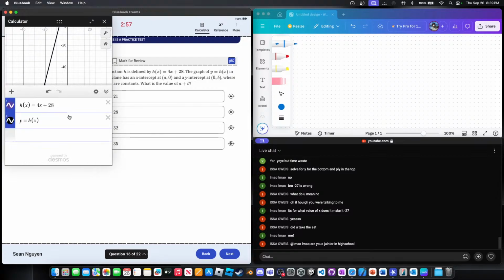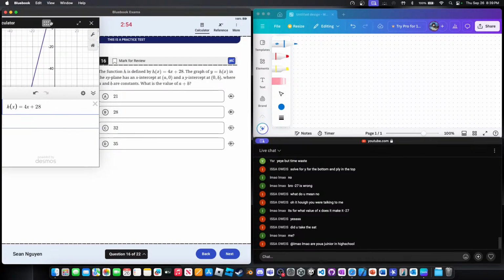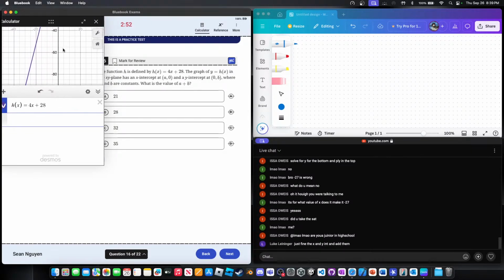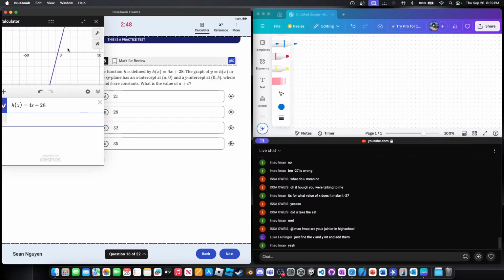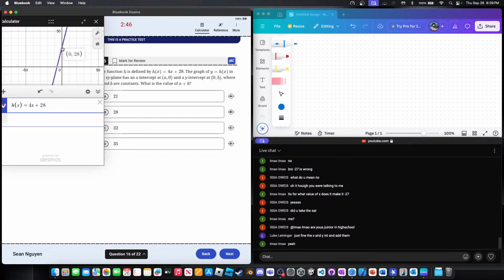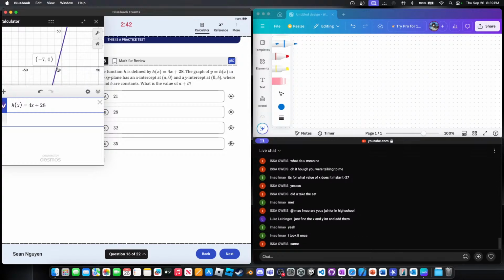Oh, so they're just the same. I don't even need this. At 0, negative 7, 0. What is the value of a plus b? So it's just negative 7 plus 28, which is just 21.